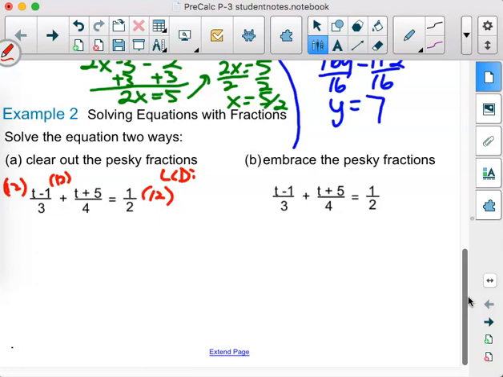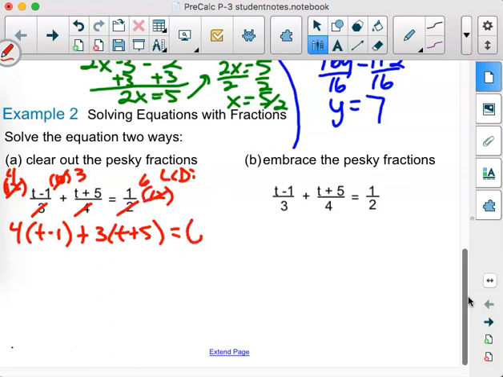Noting that here the 3 will go into 12 4 times, and we'll really get 4 times the quantity t minus 1. Here the 4 will go into the 12 3 times, and we'll get 3 times the quantity t plus 5. And here the 2 will go into the 12 6 times. Oh my gosh, now it looks like the two problems we just did.